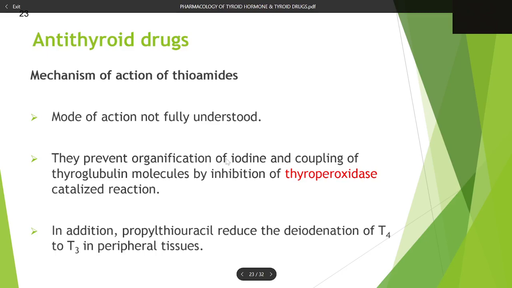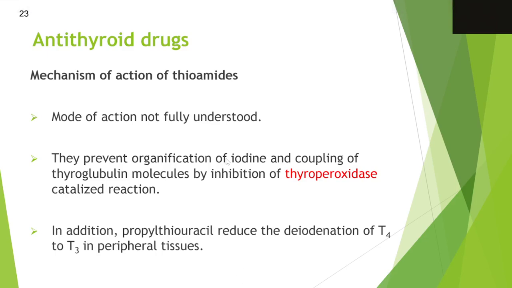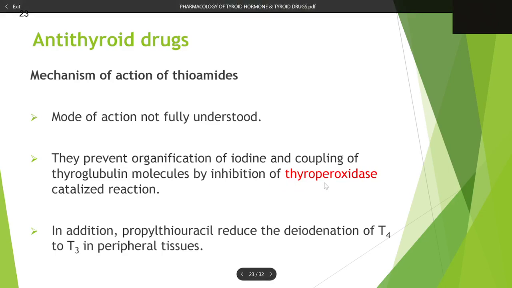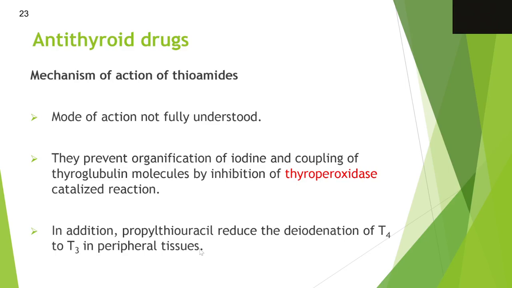I'm going to leave a link below where you could go back, take the video back and rewatch it so that you understand those steps, so you know where this thyroperoxidase is catalyzing and what it is actually doing. In addition, propylthiouracil reduces the conversion of T4 to T3 in the peripheral tissues. So it prevents the formation of reverse T3, right?